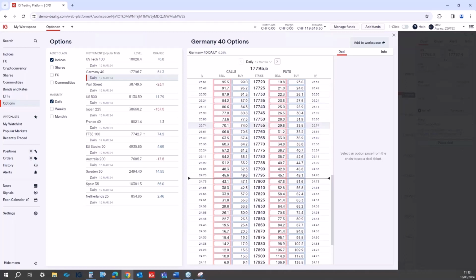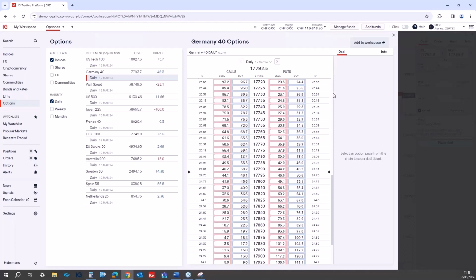All right, so let's make a simple example first, and then later on let's look into a strategy. So how do you place an options trade? Let's assume again that you are having a long position in the DAX, given that we're looking at the daily one.